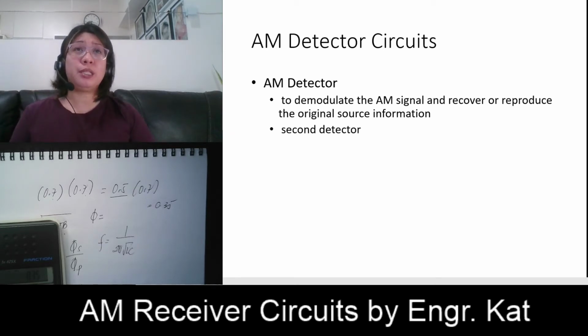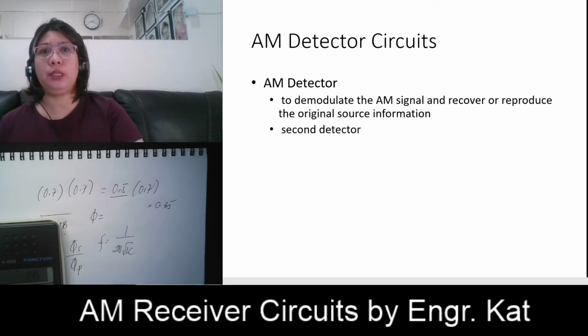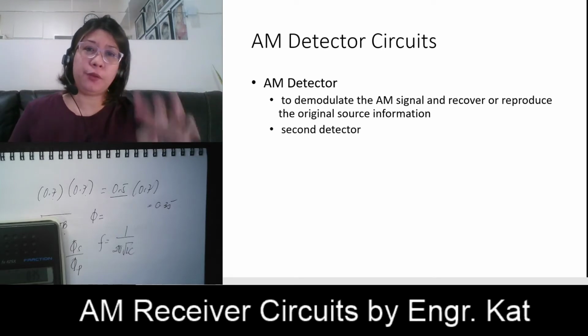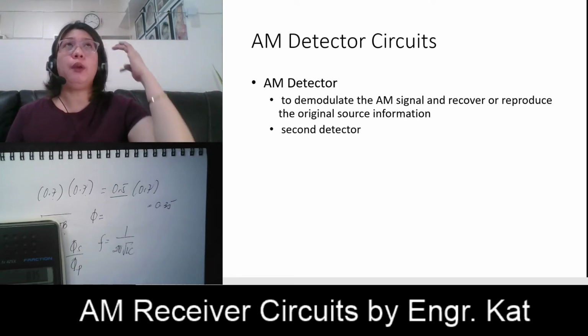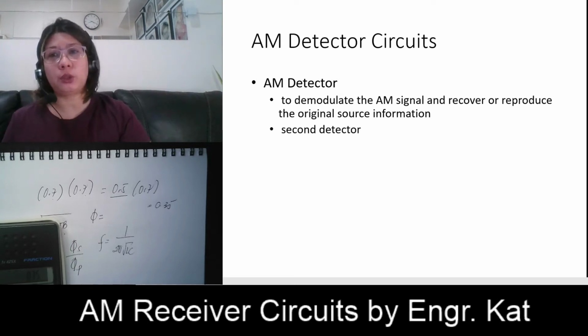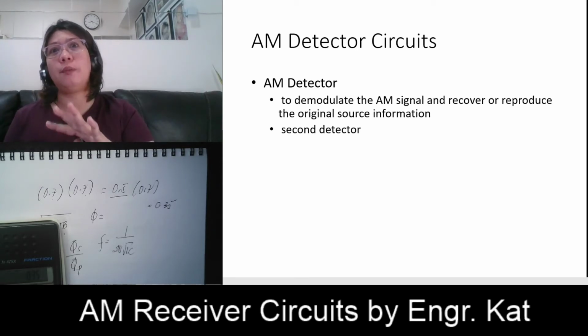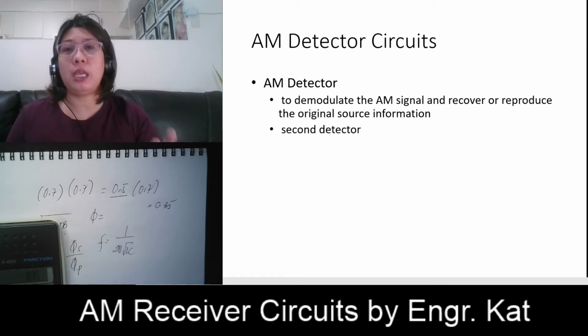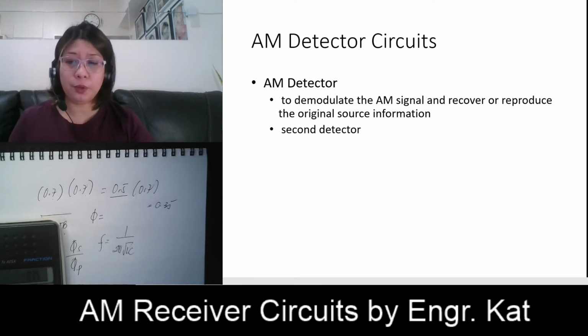We also call this the second detector, because we are changing the frequency from the IF frequency to the original source frequency, the audio or information frequency. Your first detector is the mixer and converter, because there you down-converted your RF to IF. So we are further down-converting our frequency, this time from IF to the information signal frequency.